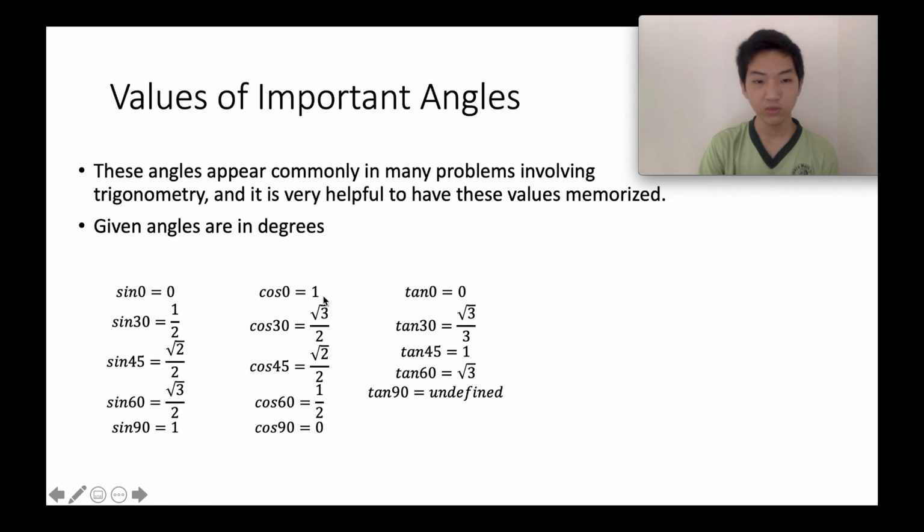Cosine 0 equals 1, cosine 30 equals radical 3 over 2, cosine 45 equals radical 2 over 2, cosine 60 equals 1/2, cosine 90 equals 0. Tangent 0 equals 0, tangent 30 equals radical 3 over 3, tangent 45 equals 1, tangent 60 equals radical 3, and tangent 90 is undefined.